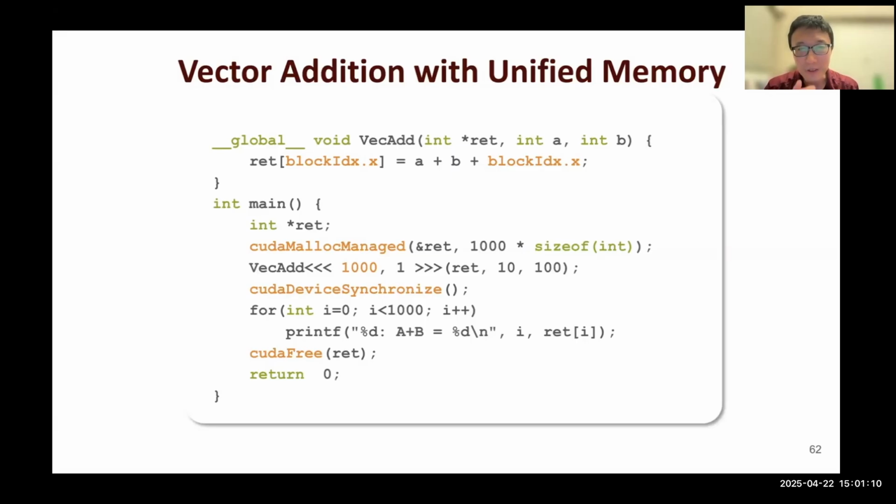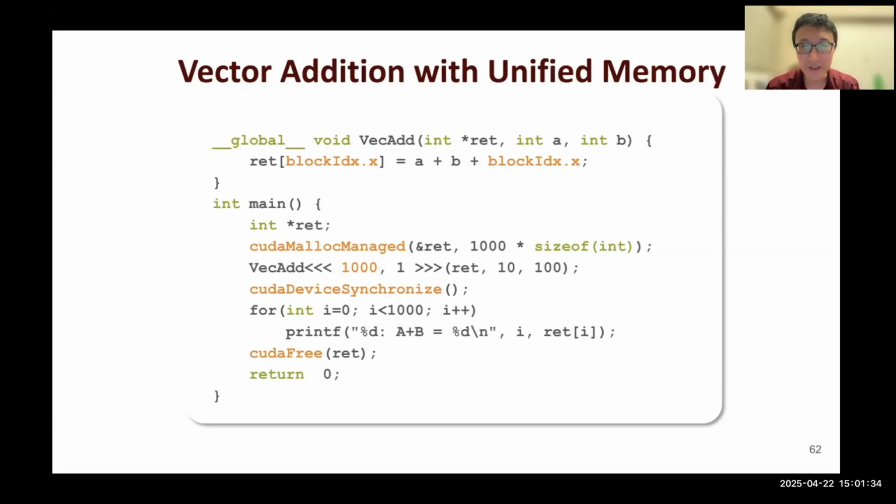Then I simply launch my kernel and take 10 and 100 as my A and B. Remember, A and B here are not vectors. I just want to make this whole code easy to display on one page. I don't want to allocate memory for A and B and do other things, so I simply use A and B as numbers.